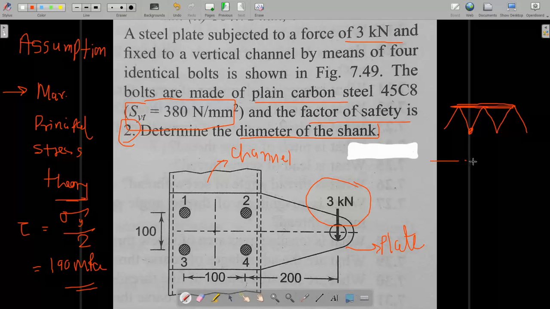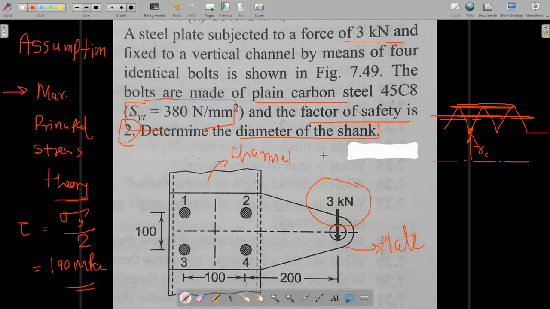If this is the center line, then this is the radius, known as the minor radius, or we can say the core radius. In terms of diameter, we call it the shank diameter. We have to find this core diameter, the minor diameter, and the mean line here is known as the pitch diameter.